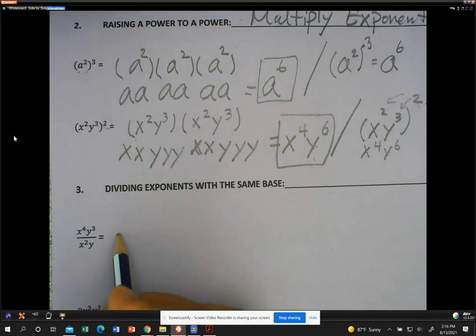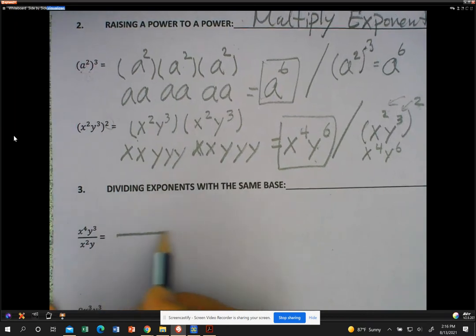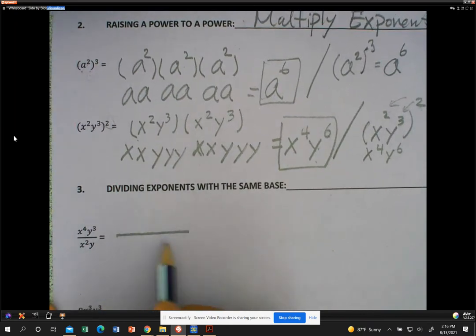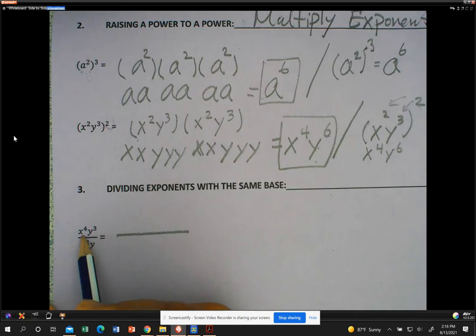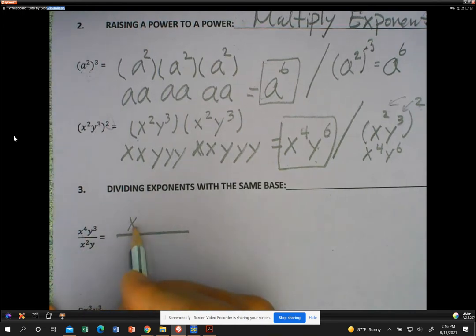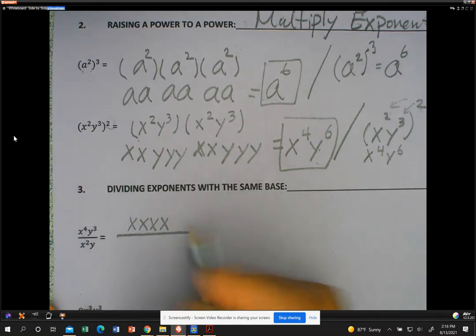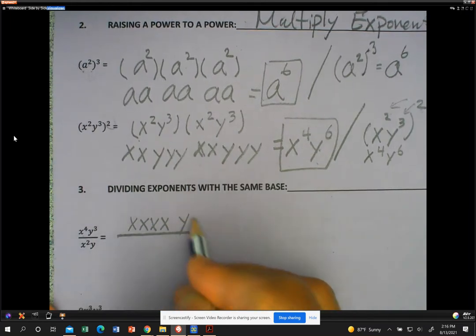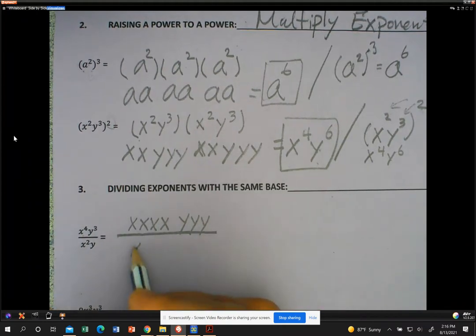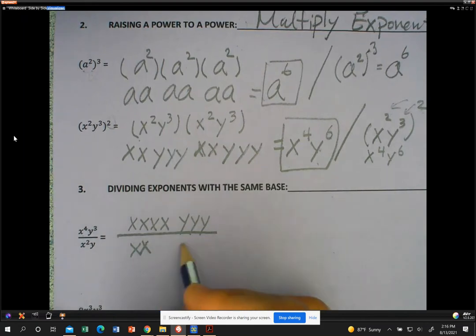I like to write the fraction bar quite long like this, and then expand out what we have. So in this case, we have x to the fourth, which means x, x, x, and x. We have y to the third, which is y, y, and y. We have x to the second, which is x and x, and then y.